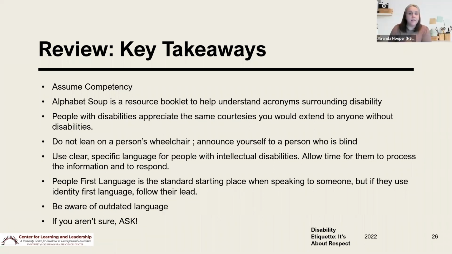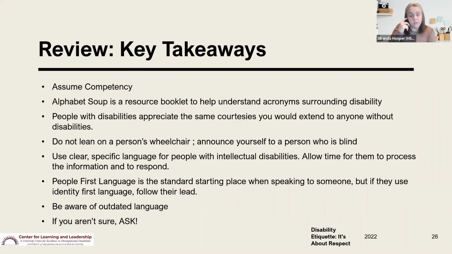Some other ones: announce yourself to a person who is blind if you walk into a room. Something we didn't touch on, but I've seen being modeled, and I need to do a better job of it as well. Now that virtual meetings are so commonplace, describing yourself on virtual meetings is another thing that's starting to pop up for people who are visually impaired or blind.